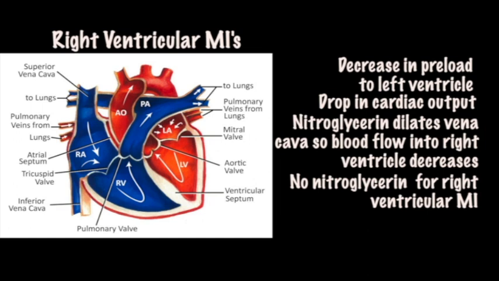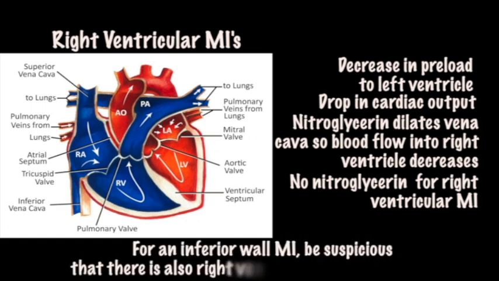So, it is very important to be able to identify a patient with a right ventricular MI so you know to avoid giving nitroglycerin. Because the same blood vessel usually supplies the inferior wall and the right ventricle, whenever we see an inferior wall MI, we have to be suspicious that there is also right ventricular involvement.